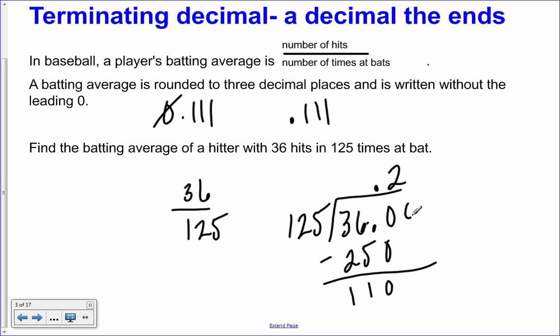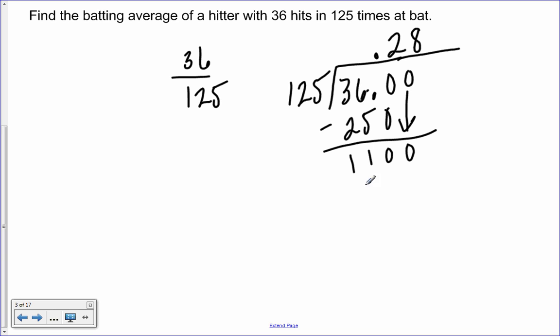And I need to bring down another 0. So I can see how many times 125 goes into 1,100. So again, use your calculator. We'll see it goes in 8 times. So 8 times 125 is 1,000.